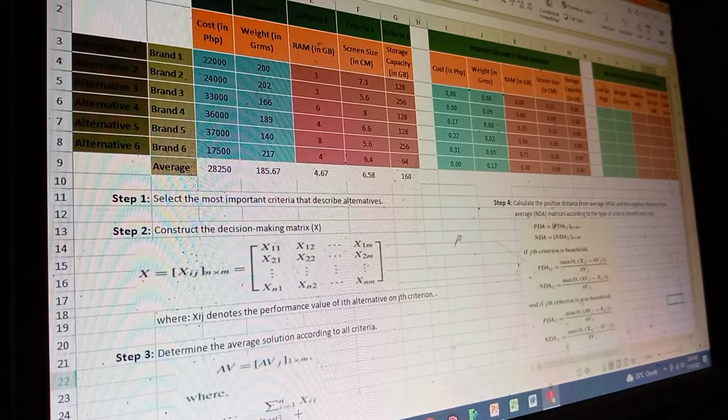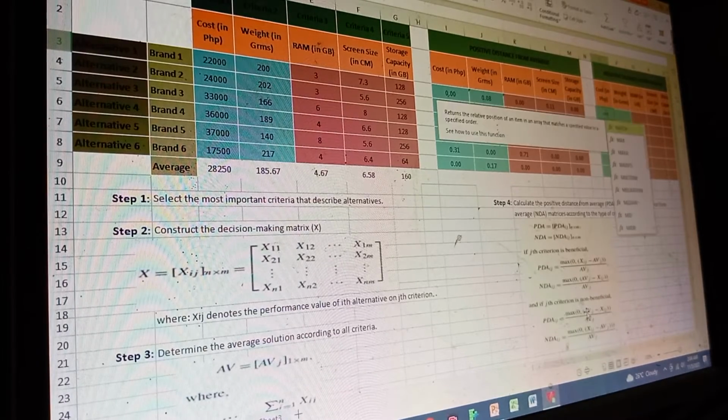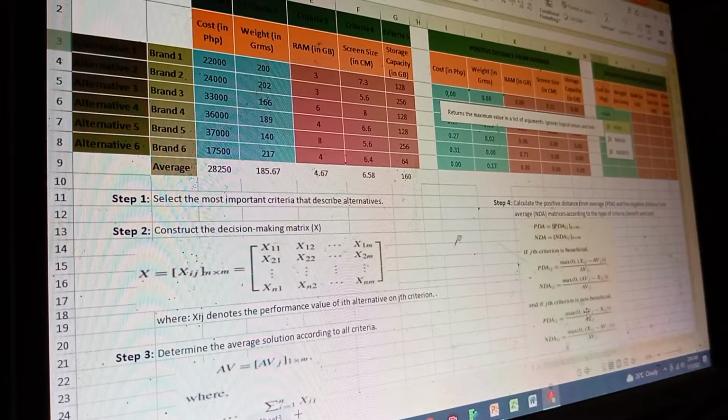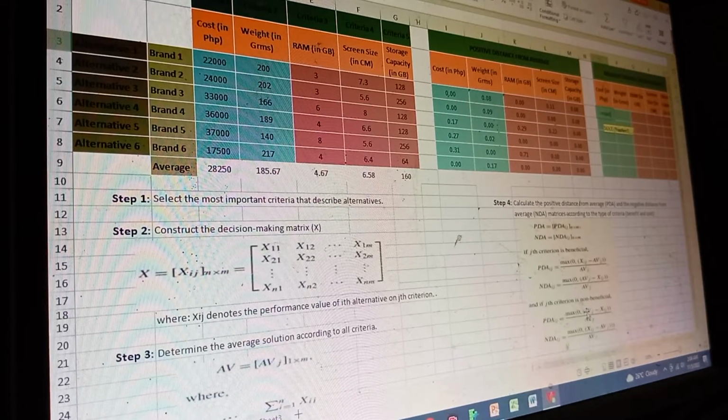Next is the negative distance from average, which is equal to, as the formula states here, max 0.